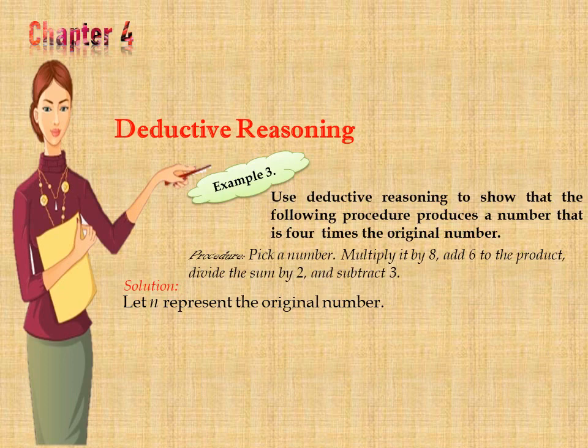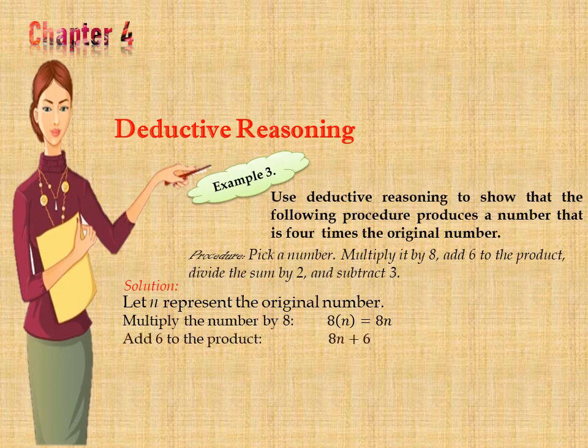Okay? So the next step is we're going to multiply this number by 8. Since the number we pick is an arbitrary n, 8 times n will give us 8n. Next, we add 6 to the product, that is 8n plus 6, since the product is 8n.